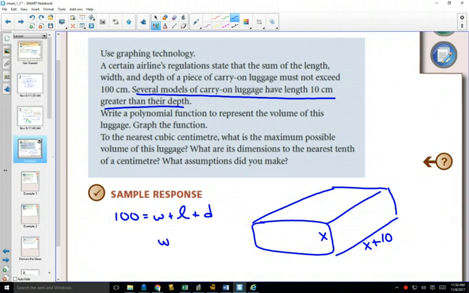If I want to figure out my width, it's going to be 100 minus my length minus my depth will equal my width. So if I plug these things in, if I minus my length, that's x plus 10. Notice how I put that in brackets because you'd subtract the x and you'd subtract the 10. And we'll also subtract our depth, which is another x.